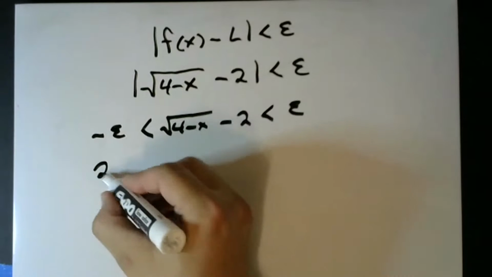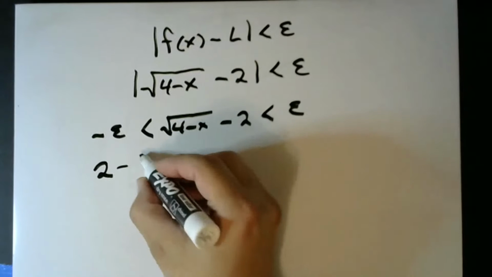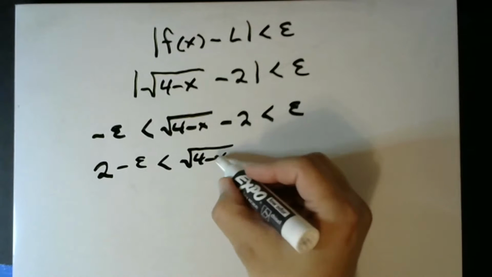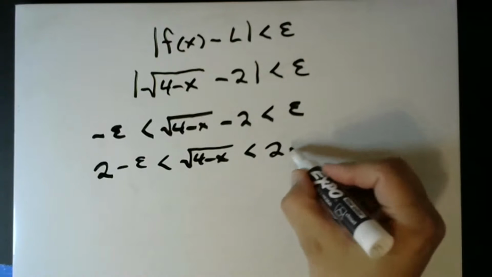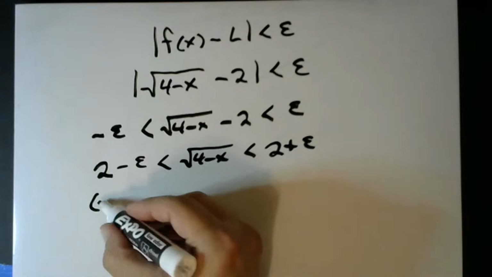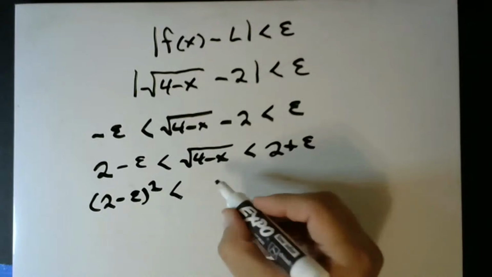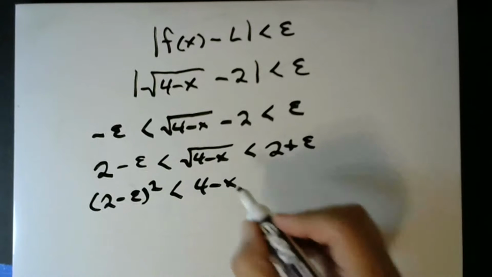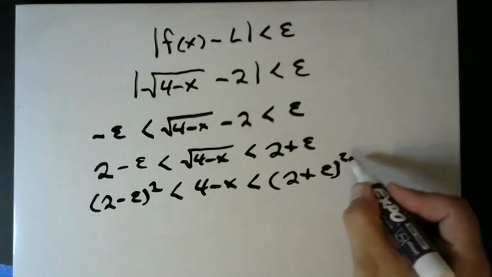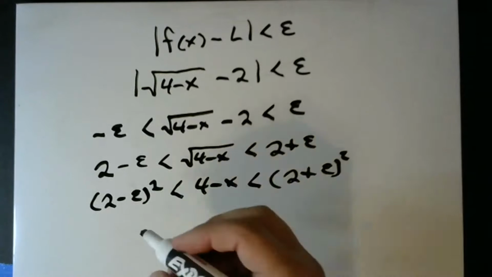And then we can add 2 to both sides. And we can square everything here. And then we could subtract 4 from everything.